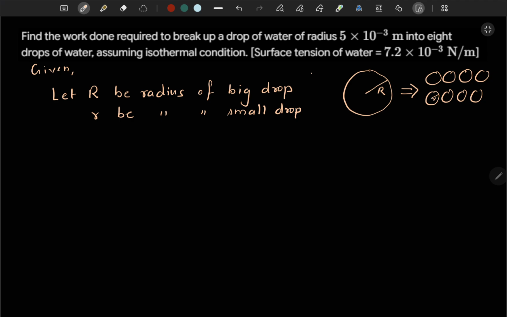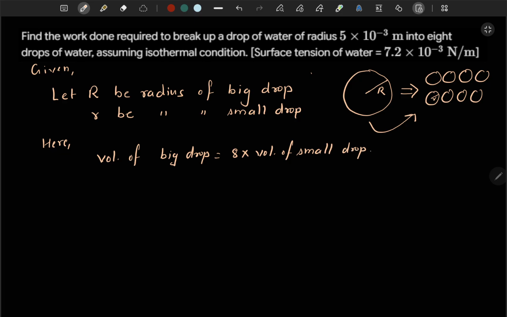Now since one big drop is split into 8 small drops, the volume of the big drop must be equal to 8 times the volume of the small drops, since the bigger drop is broken into the 8 drops.